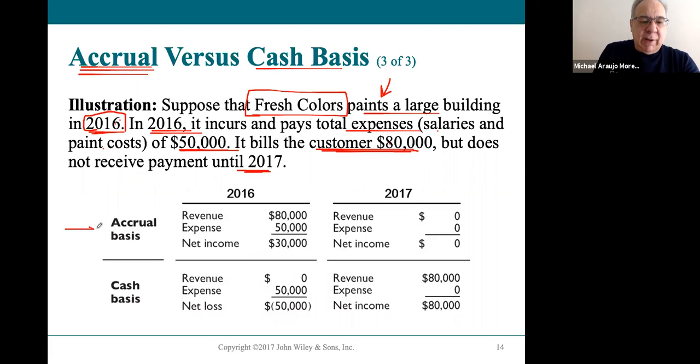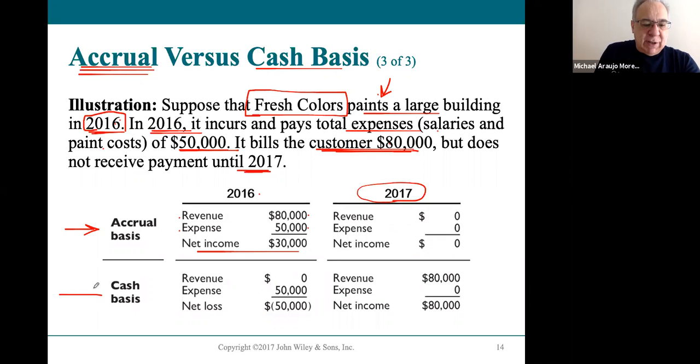They're not going to recognize the $80,000 until 2017. So look what happens on their accounting records. Under the accrual basis, the revenue is earned in 2016 because that's when we painted the building. So the $80,000 of revenue is earned. The expenses of $50,000 also happened in 2016, so that's when the expenses are put down, and they have a profit of $30,000. Under this scenario, nothing happened in 2017 under the accrual basis.